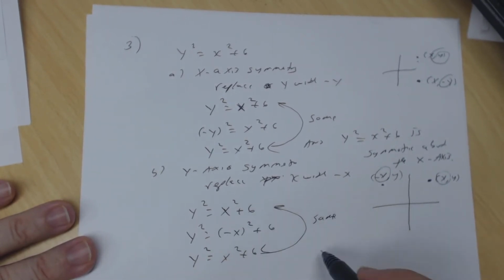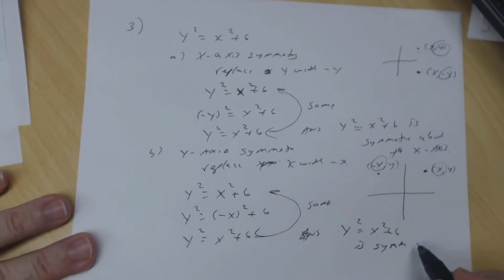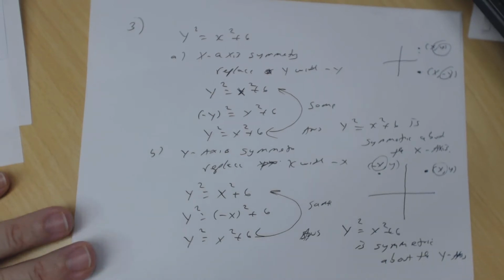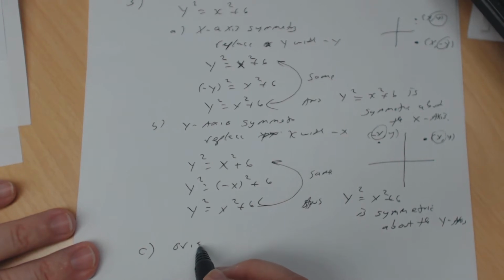So the answer, y squared equals x squared plus 6, is symmetric about the y-axis. Okay. All right. C, origin symmetry.